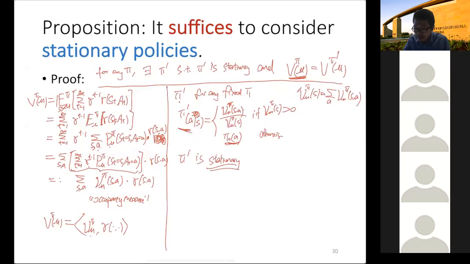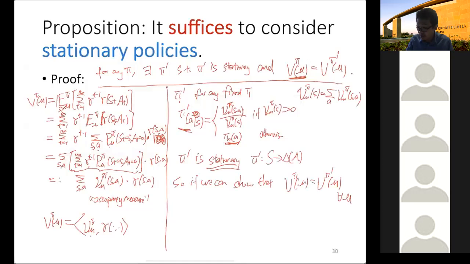It depends only on the current S. It doesn't depend on anything in the past, nor the entire trajectory. So pi prime is from state to a probability distribution defined on the actions. If we can show that V^pi(mu) is equal to V^pi'(mu) for all mu, then we're done.